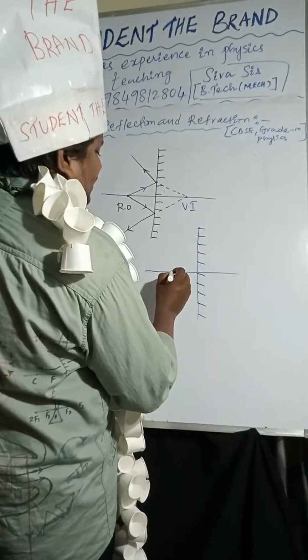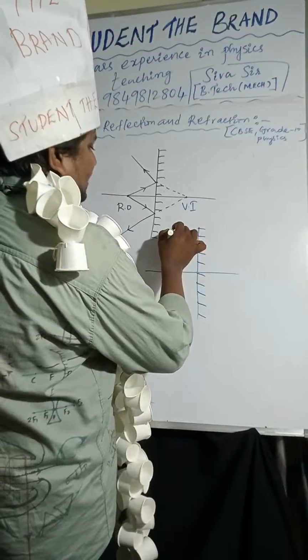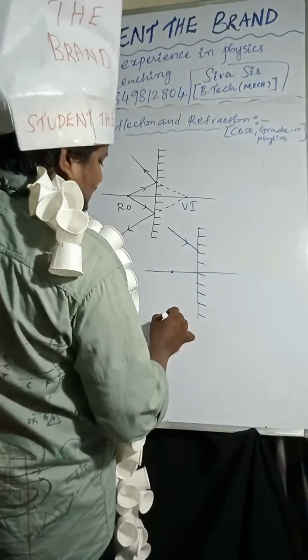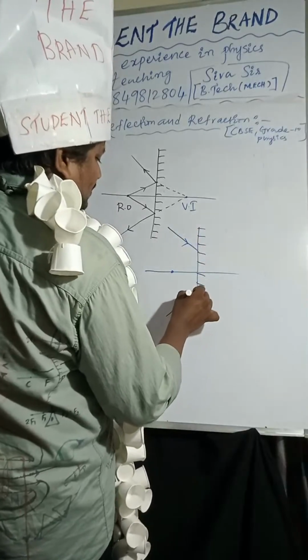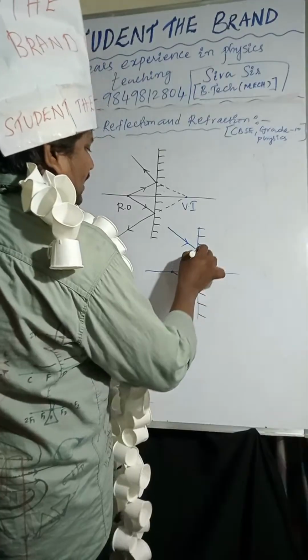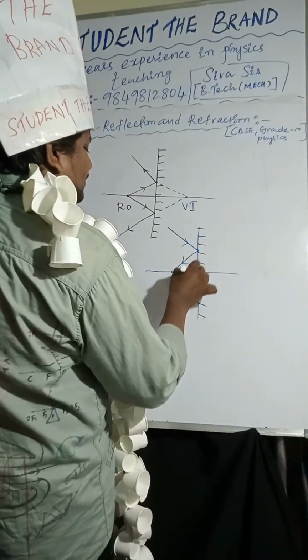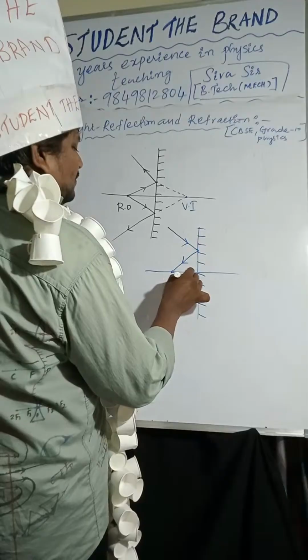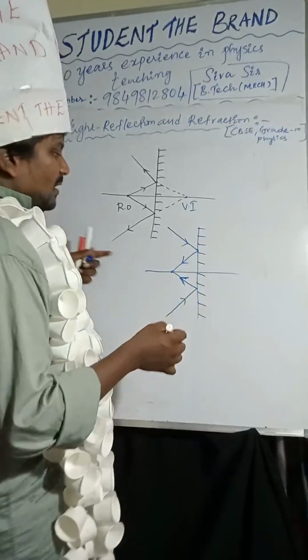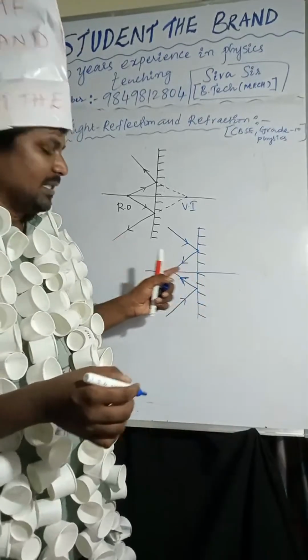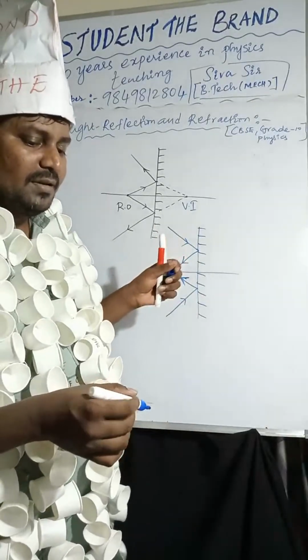And one more thing I am taking here. The light rays are coming from infinity, something like this. After reflection, those light rays will meet like this.